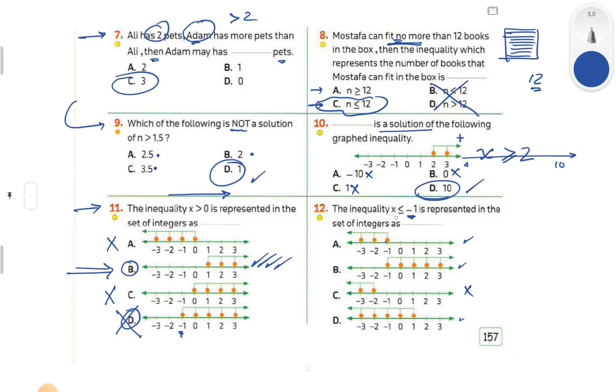Next, x less than means go to what? Go to the left. Maybe negative 2, negative 3, negative 4. Go to the left, it may be right. Go to the right, it's false.